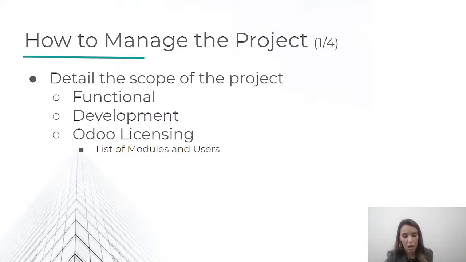I've seen it done two different ways, where sometimes partners will split up these scopes into two sections, and a lot of them will do a joint integrated proposal with them. But as far as the licensing goes, you definitely need to talk to your account manager, because they're going to know a lot of different ways that you can add different apps.